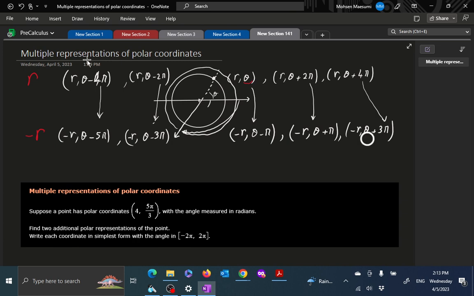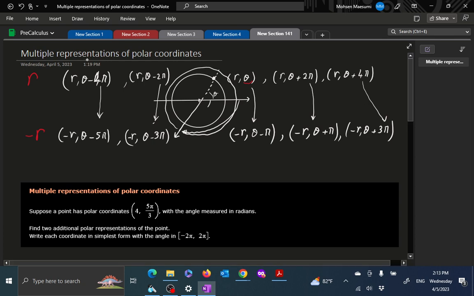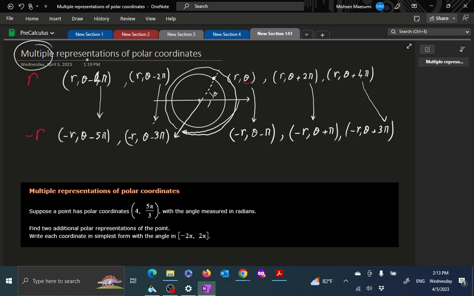If you want to compare the angles, the ones in the bottom list are pi less than the corresponding ones over there. So the multiple representation we are referring to is these two lists, each made out of infinitely many instances.